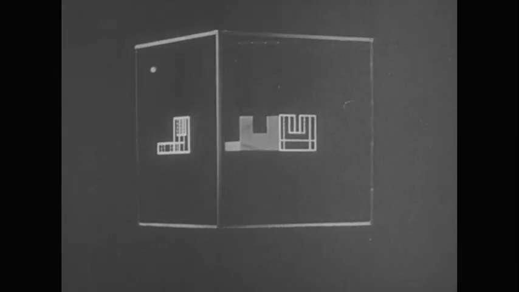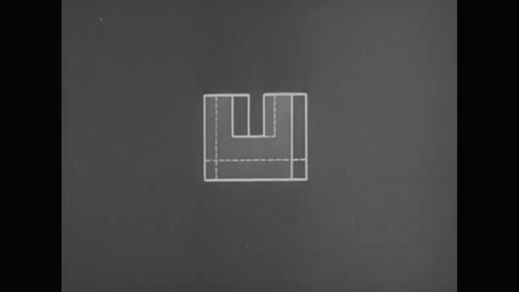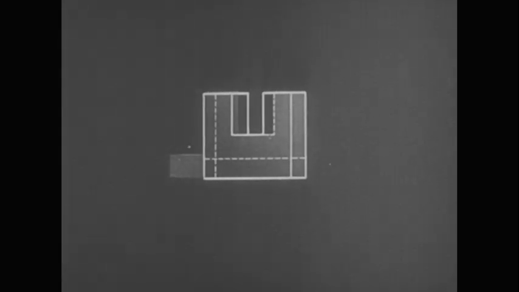This happens because the front plane is not parallel to that face. Nor does the side view show the true shape of the slanting surface. This happens because the side plane is not parallel to the slanting face either.